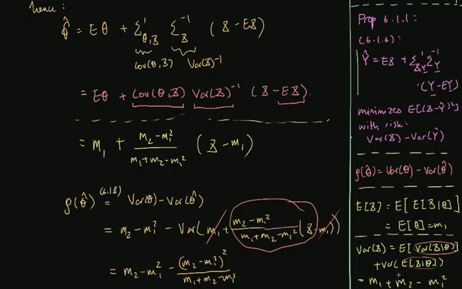But now just notice that the variance of x is expressed using m1 plus m2 minus m1 squared, which is exactly what's in the denominator. So one of the terms down here that was essentially squared will cancel out with this term in the numerator. So this is what we're going to end up with. So this is the risk of theta hat.